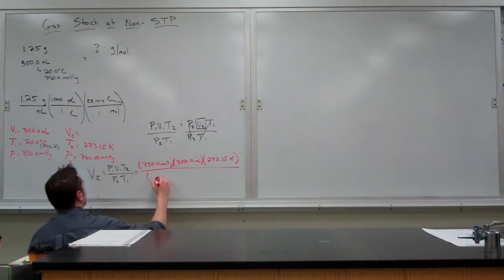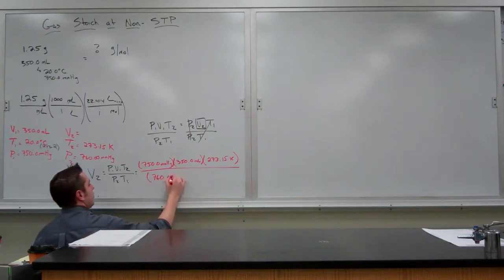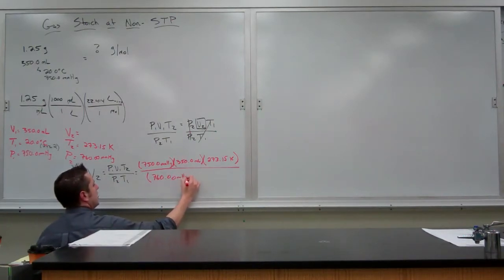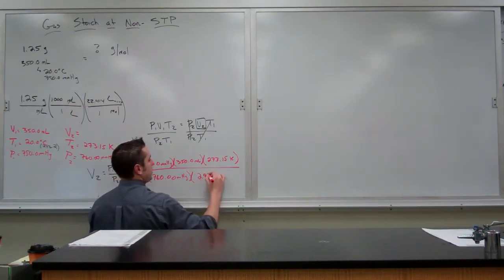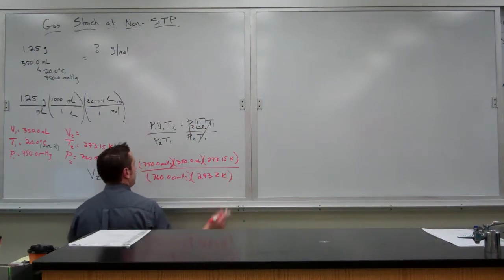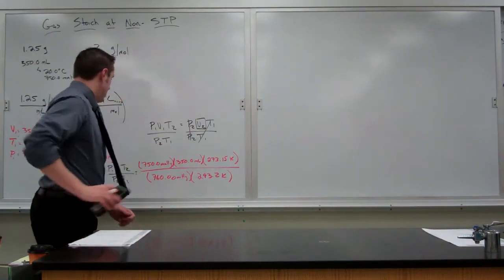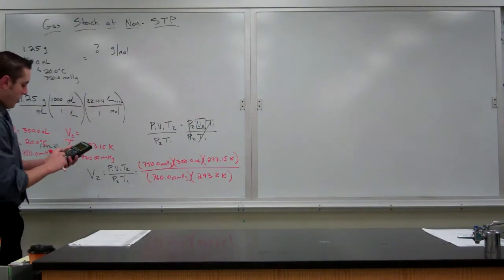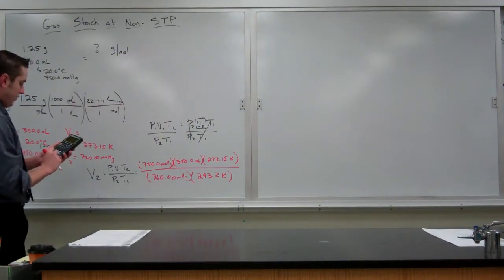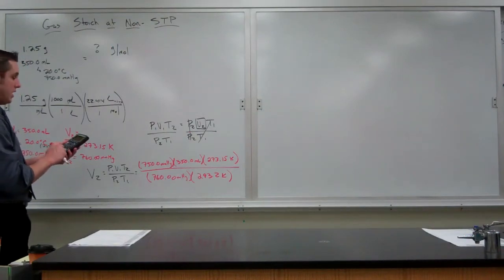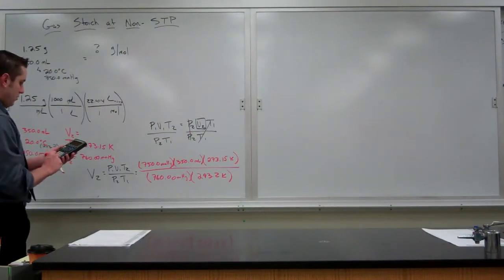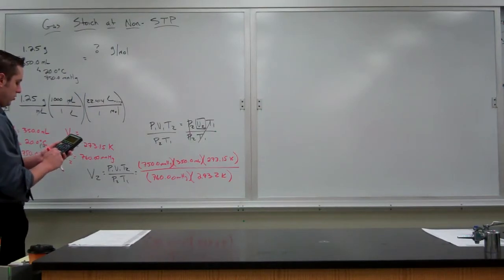Pressure 2, 760.00 mmHg. Temperature 1, 293.2 Kelvin. So we'll plug that into our calculator and get ourselves an answer. 750.0 times 350.0 times 273.15 divided by 760.00 divided by 293.2.